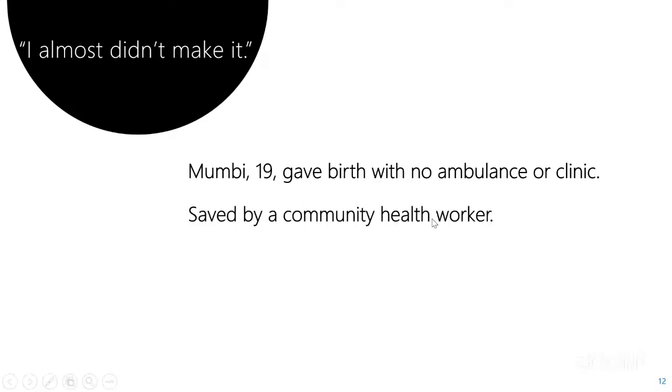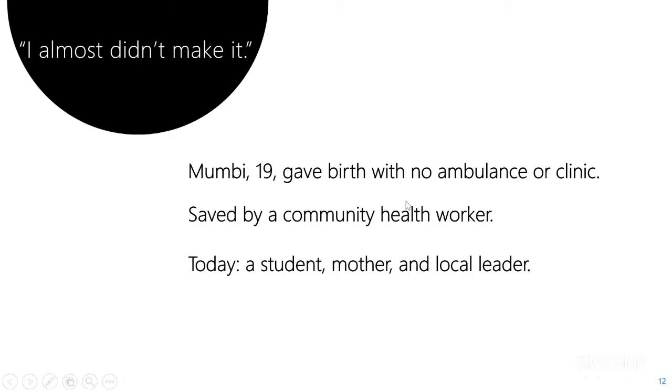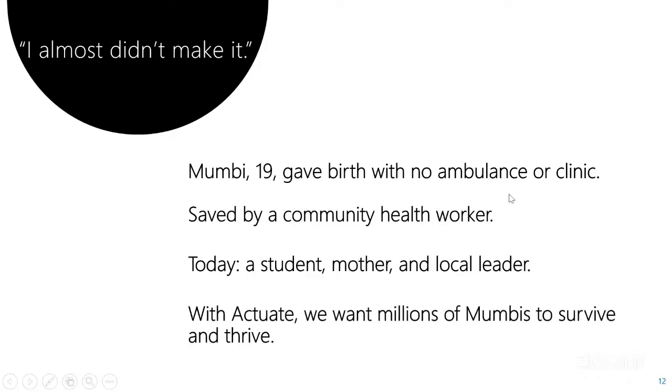Mumbi was saved by a community health worker. And today we can see that Mumbi is a student, a mother, and a local leader. With Actuate Hope, what we're doing is that we want millions of Mumbis to survive and thrive.